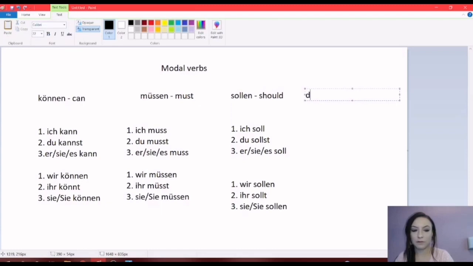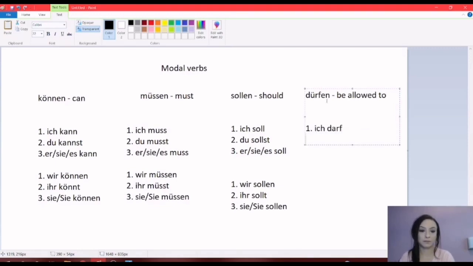Then dürfen would be allowed to do something, so permission. Ich darf, du darfst, er, sie, es darf.